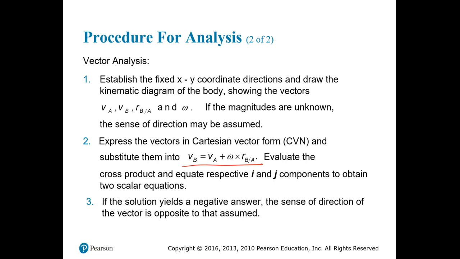So basically, you will have that huge equation with a lot of i and j, and then you will compare i's with i's and j's with j's, so you can obtain different equations to solve for the unknowns. If the equations yield a negative answer, then the sense of direction of the vector is opposite to the one that was assumed.